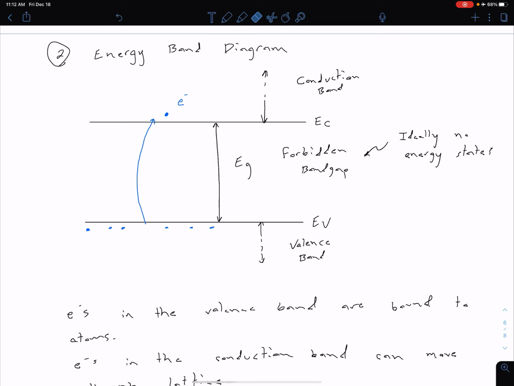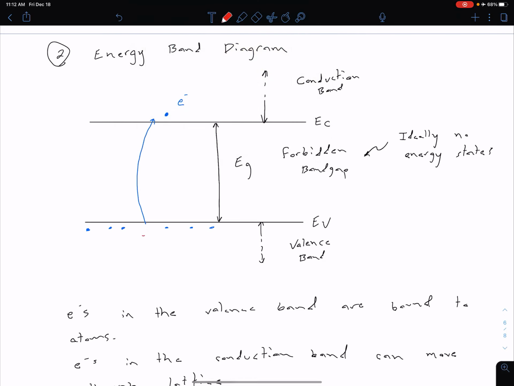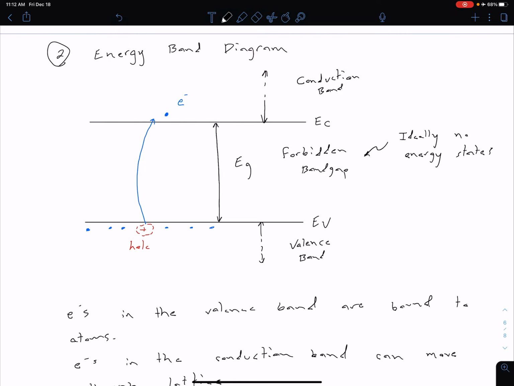Of course it's left our valence band, and in doing so, we're going to leave behind this net positive charge, which we call a hole. So our electron is going to be creating current by moving around in our conduction band, and our hole is going to be contributing to current by moving around in our valence band. And we're not going to be worried about the specifics of that in this course, but just something to be aware of.